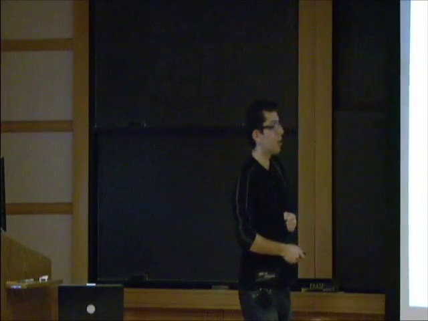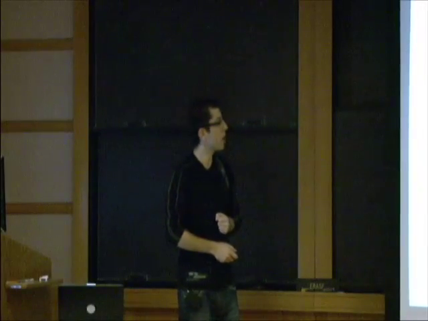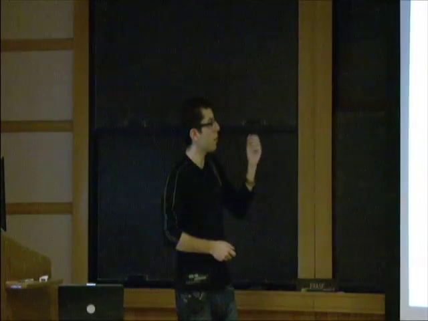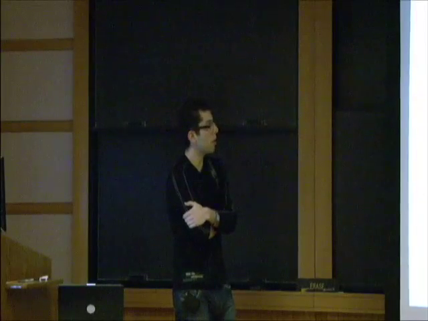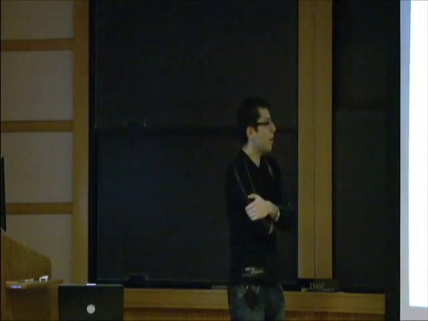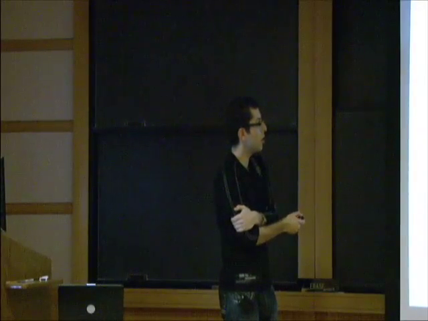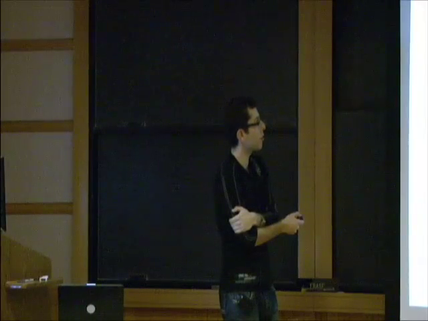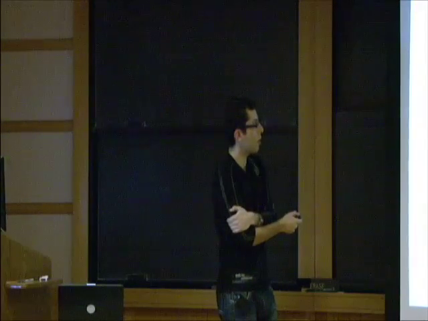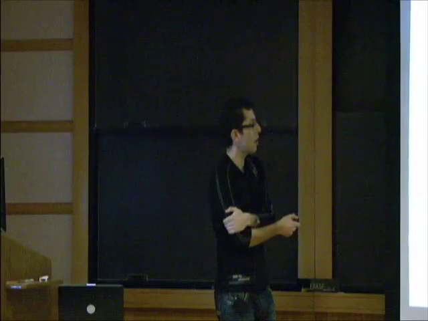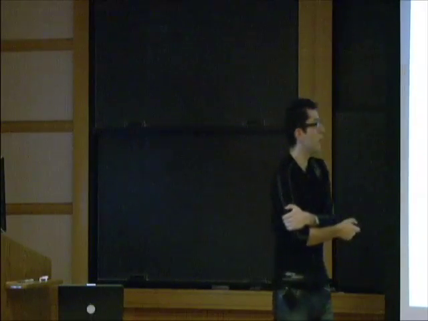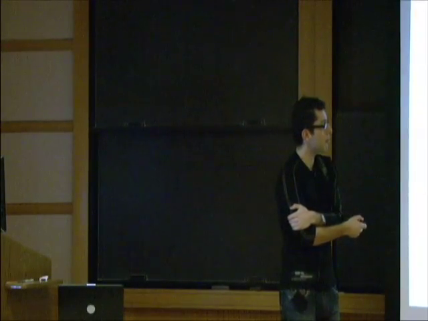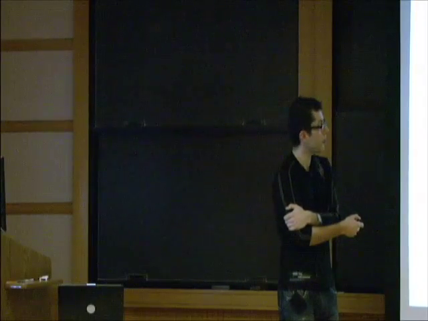Let me define the uniformity norms in this context. We have a function from F_p^n to C. Then the U^k norm of f, the kth Gowers norm of f, is defined the following way. If we raise it to the power 2^k, we get this expected value of a product which runs over all subsets S of [k].